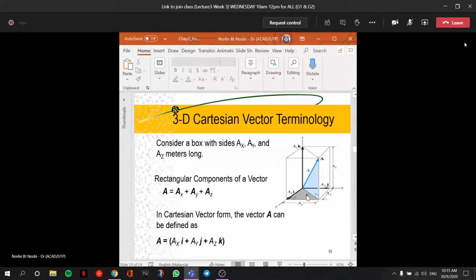The component form of vector A is equal to ax plus ay plus az.